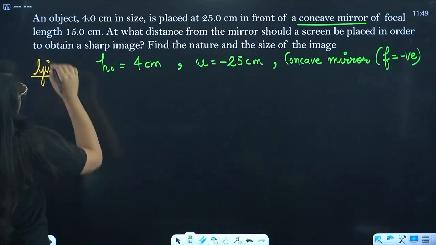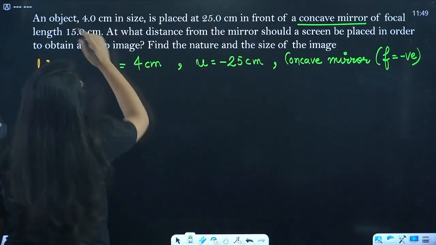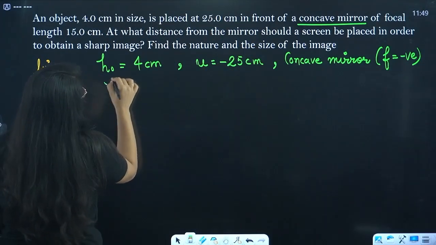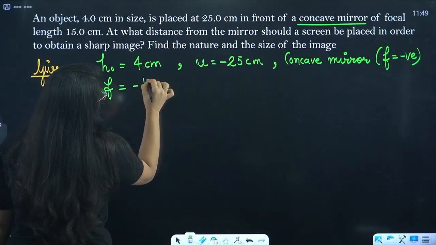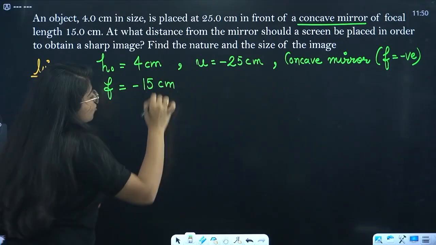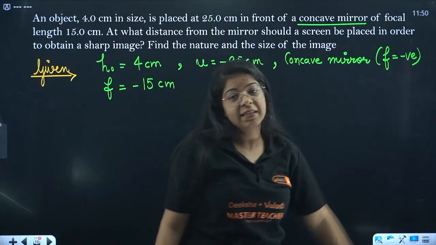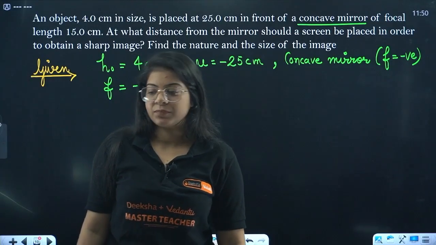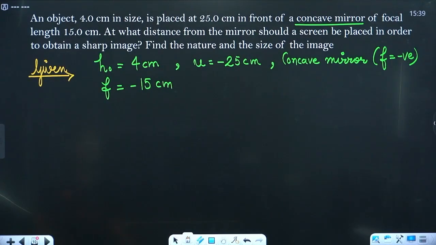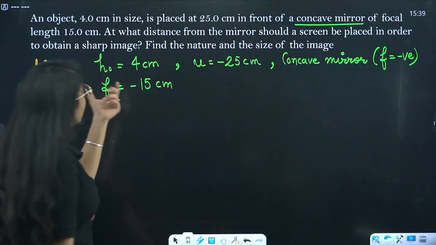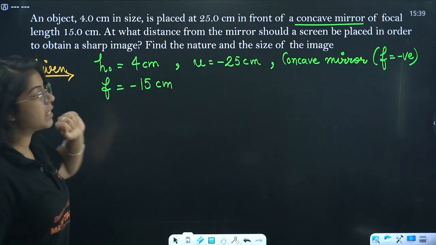Understood? Now beta, it has a focal length of 15 centimeters. So focal length is minus 15 centimeters, because we know a concave mirror has negative focal length.